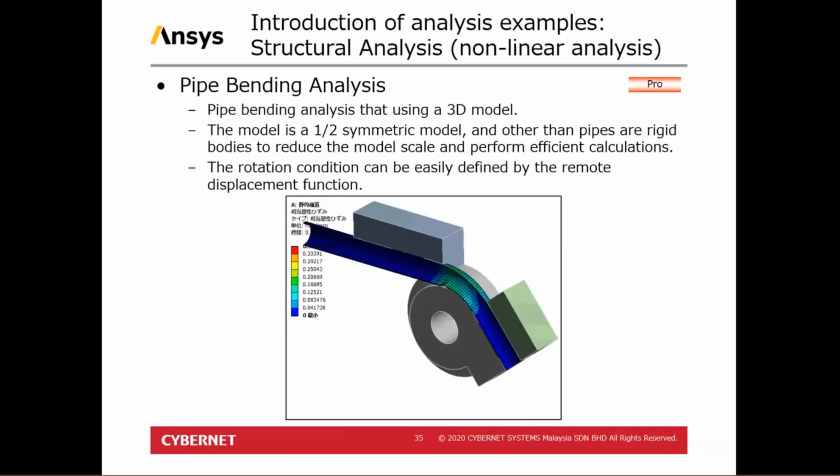Now, one of the other ANSYS features is that we can define the rotational condition of the clamp and bend die using the remote displacement function. Remote displacement is essentially a displacement condition used to guide the displacement of a face or edge of a structure from a remote point.